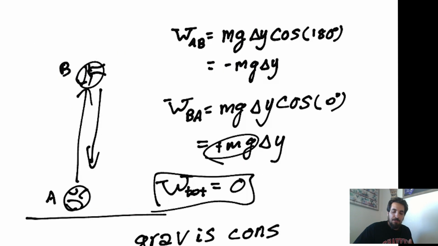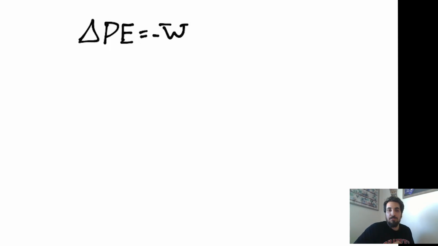To determine the potential energy, we take this gravitational force, and we say that the potential energy is equal to the negative of the work done. Or rather, I should say the change in potential energy. And here that's easy, right? The work done by gravity, well, gravity does work if we move up or down.